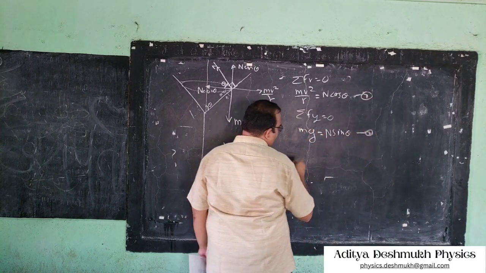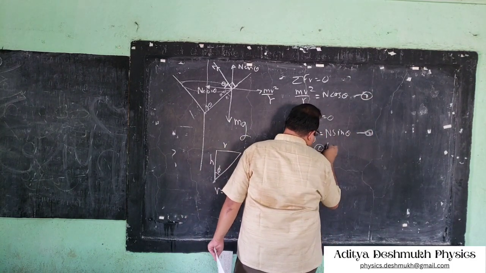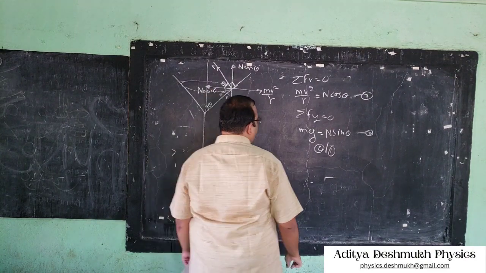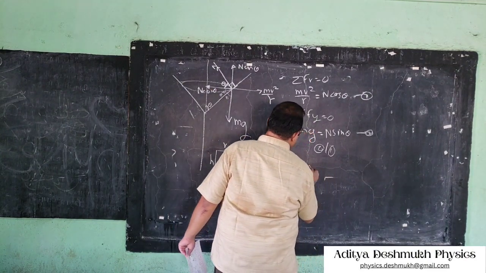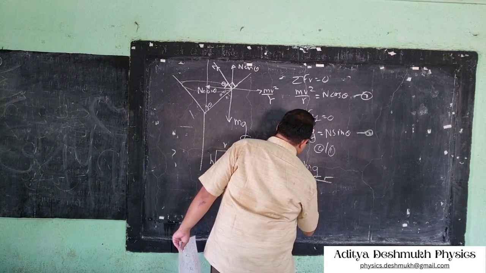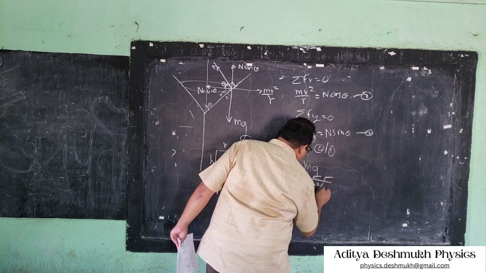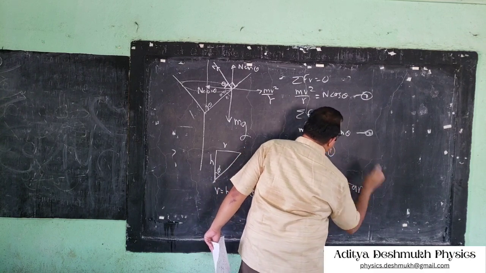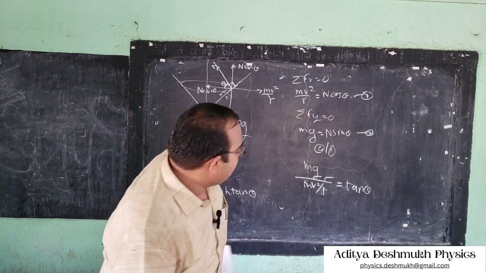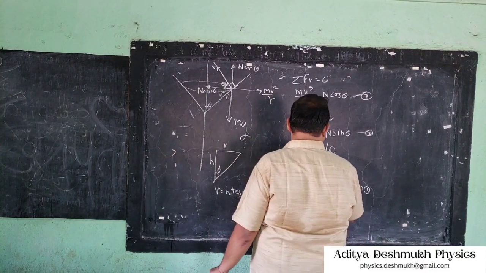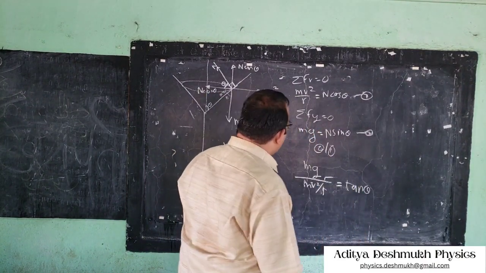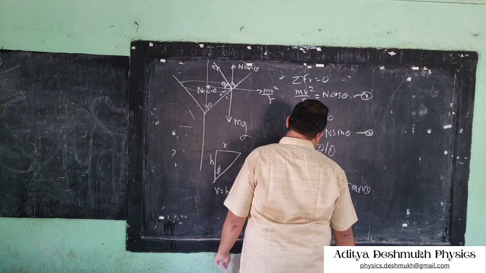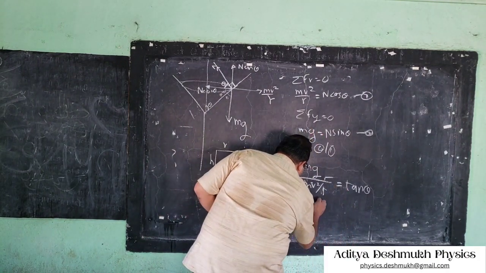So let's divide equation 2 by 1. So what will I get? mg upon mv square by r equal to tan theta. N will get cancelled, and sin theta upon cos theta will be equal to tan theta.